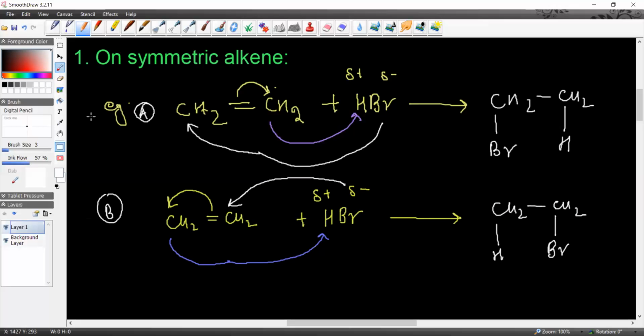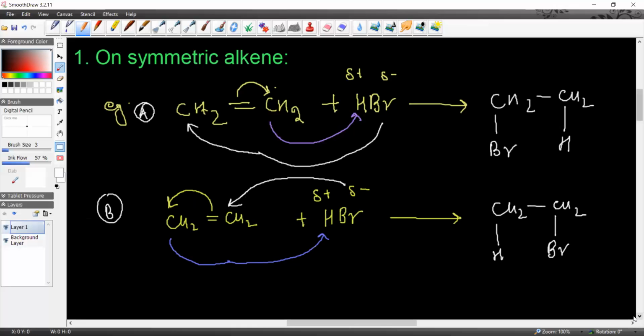So what is the final conclusion after the addition of HBr on this symmetrical alkene? That in both situations we get the same product. This is also known as bromoethane, and this is also known as bromoethane. So it doesn't matter at all which double bonded carbon is electron deficient or electron rich. In the case of the symmetrical alkene, we get the same product.